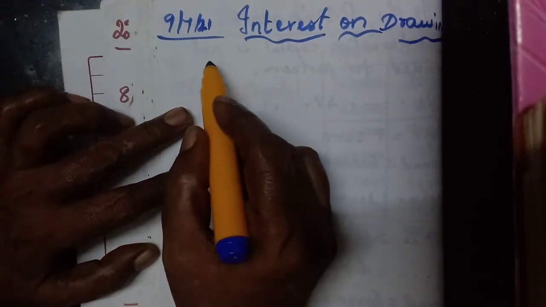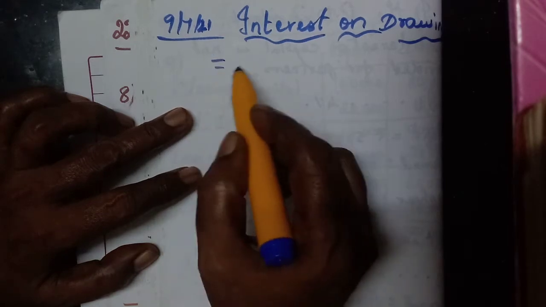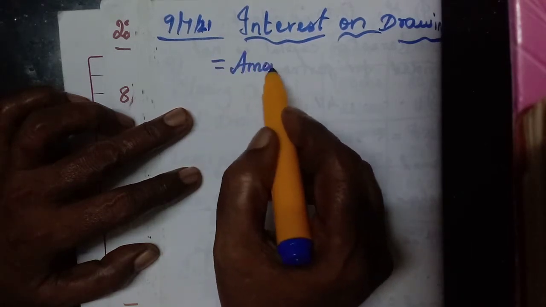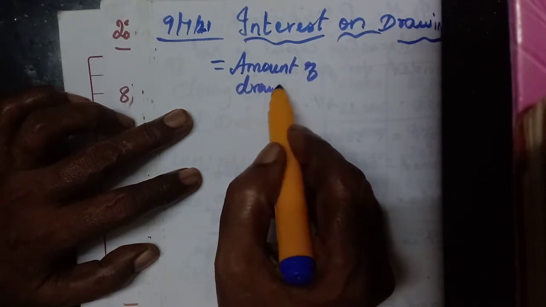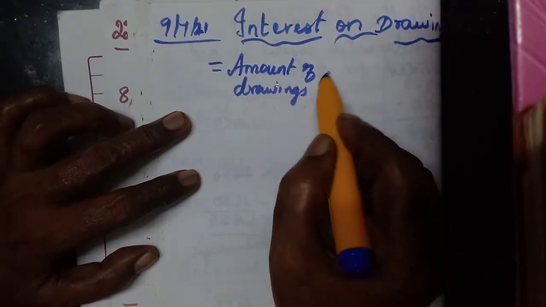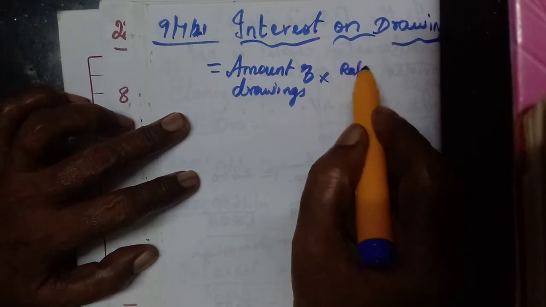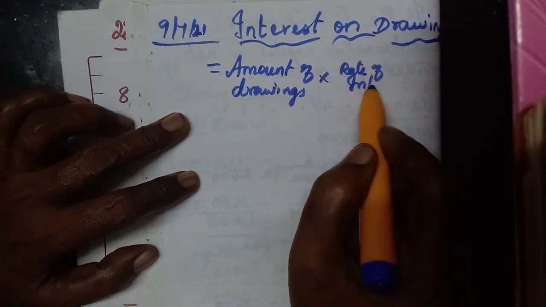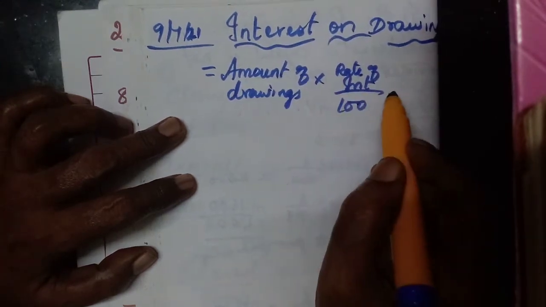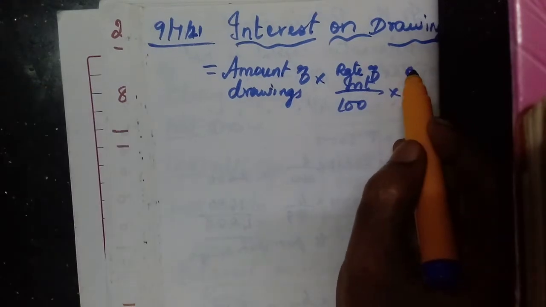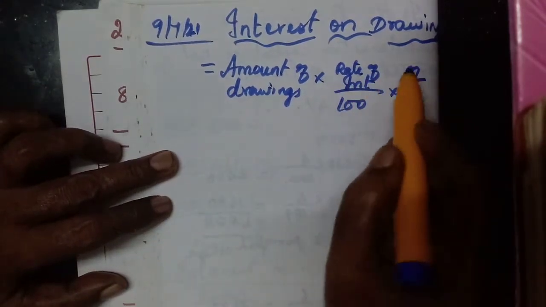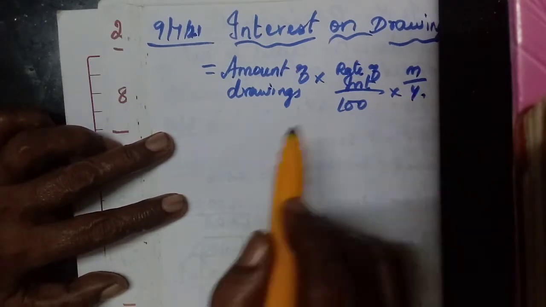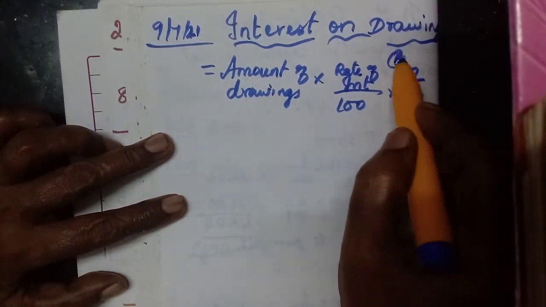The formula is interest on drawings is equal to the total amount of drawings of the year into rate of interest by 100 into period of interest.